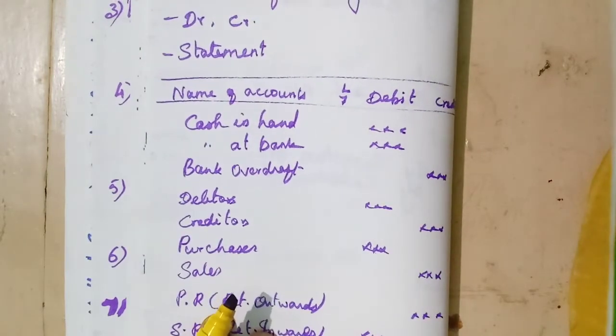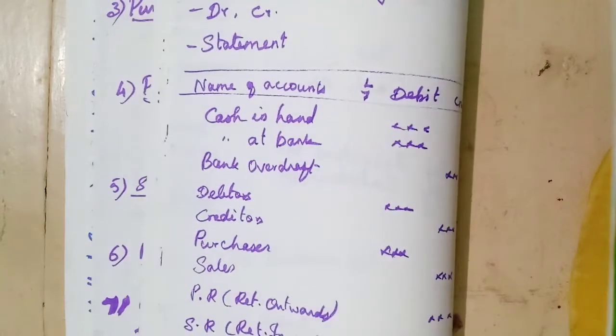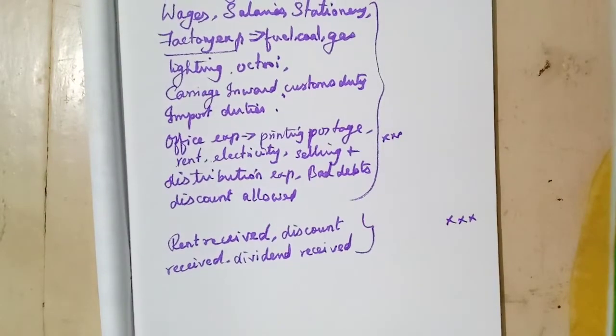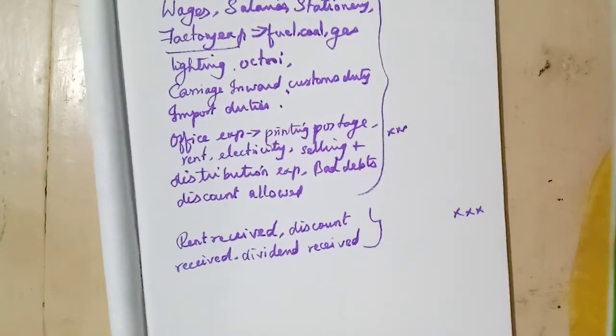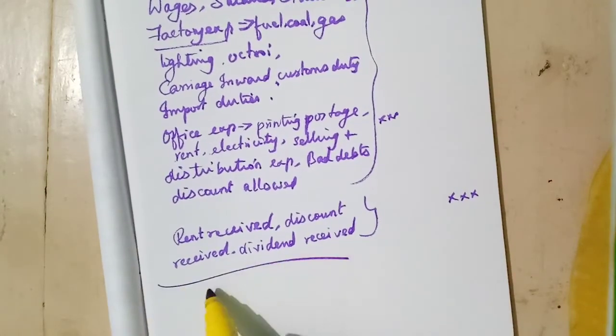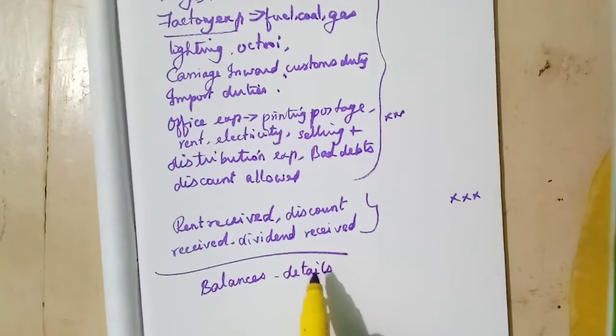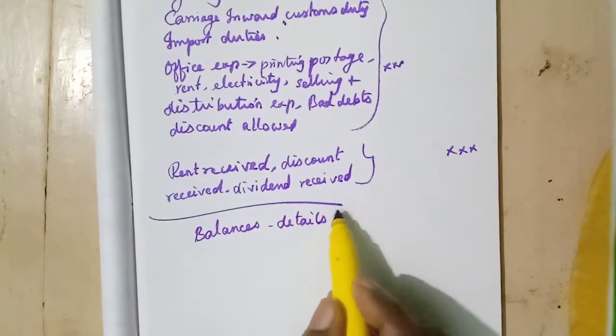Now we will learn the purpose, why we are preparing this trial balance. By finding out the balance in the ledger account, we can know the details of that particular account.